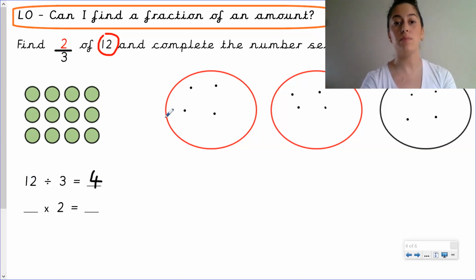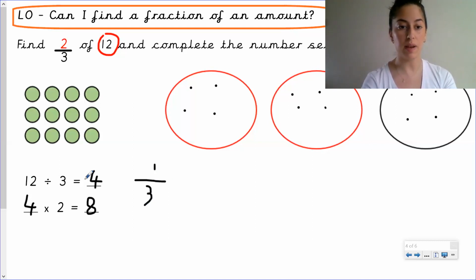Now, how many parts do we need? We look at our numerator, 2/3. So we need 2 parts. How many is in each part? 4. So 4 times 2, which was our numerator. 4 times 2 equals 8. So we did 12 divided by 3 to find 1/3.